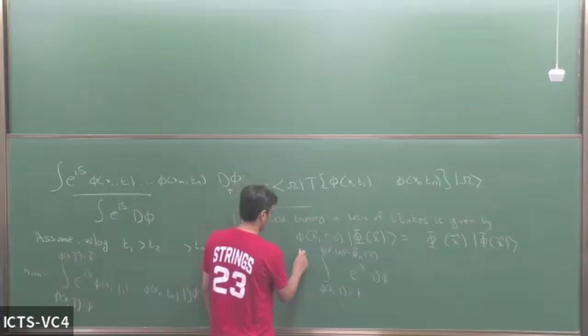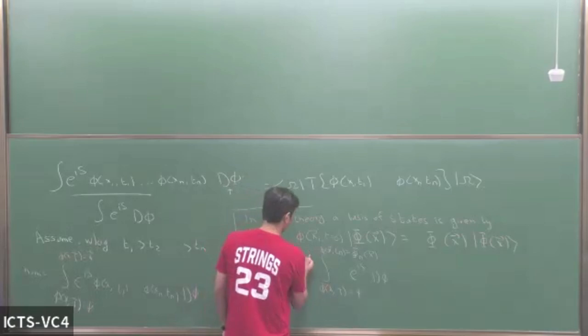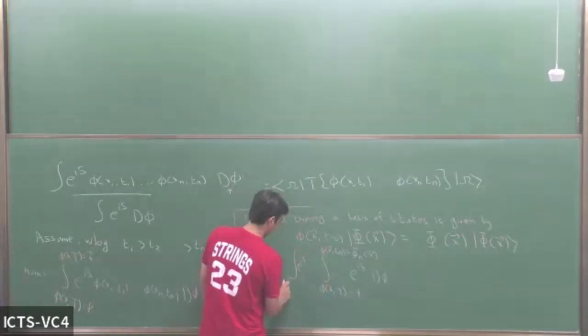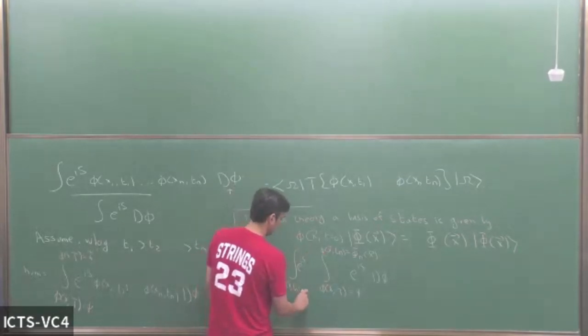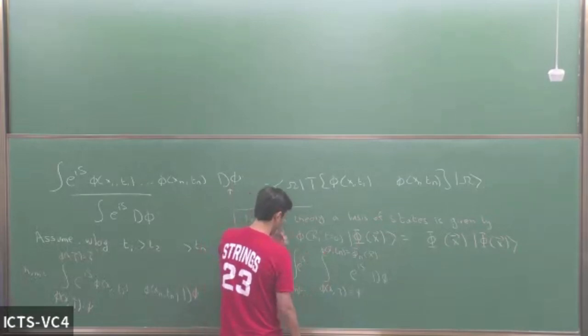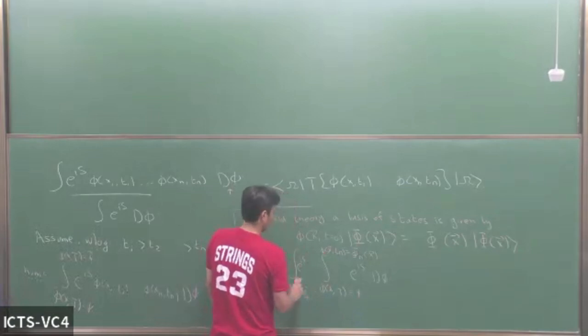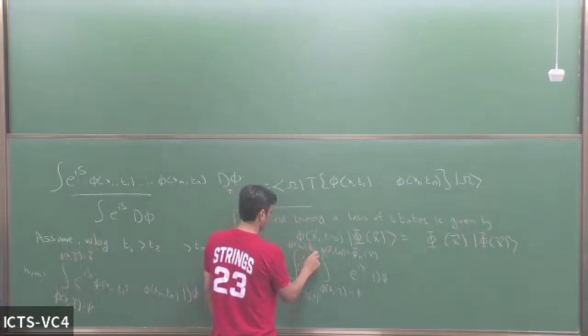Then you take this integral, and you do another integral from phi of x at tn equal to phi n of x, to phi of x at tn minus 1 equal to phi n minus 1 of x.